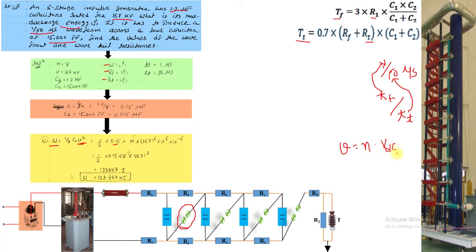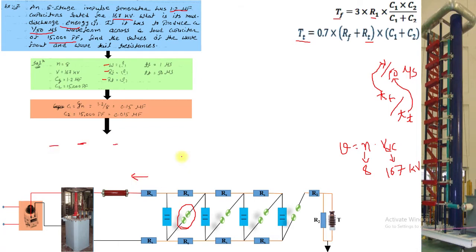VDC is 167 kilovolt, given in our problem data, and N is the number of stages, which is 8. So N square into V square is added into this term. At the end we get the energy rating of this impulse voltage generator as 133.867 kilojoules.